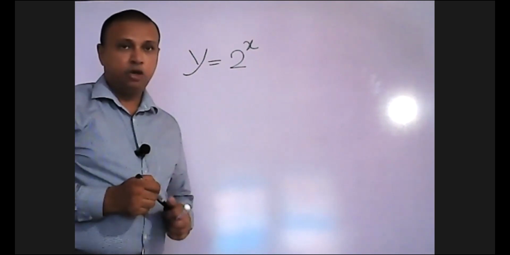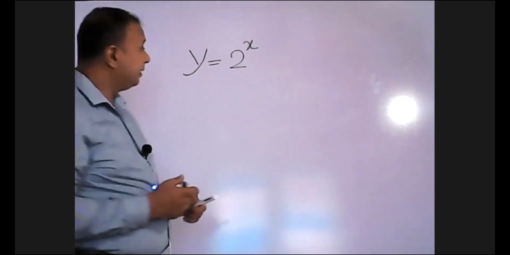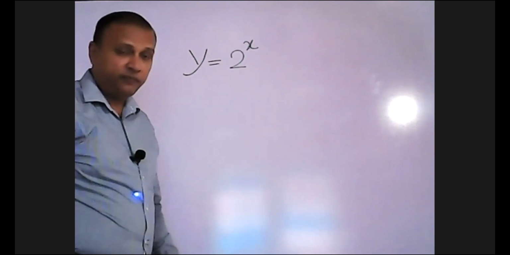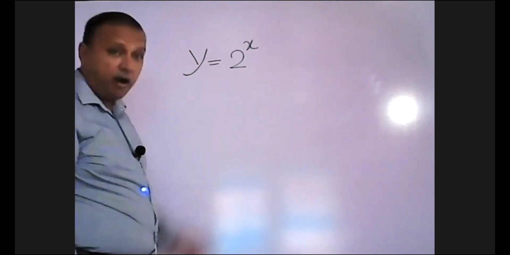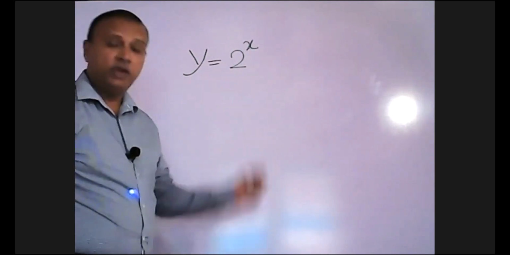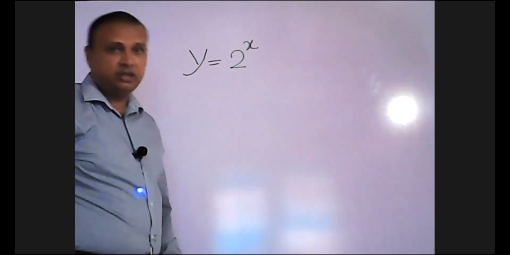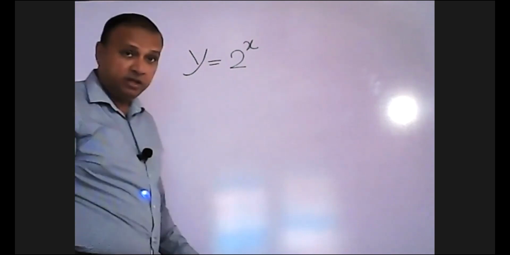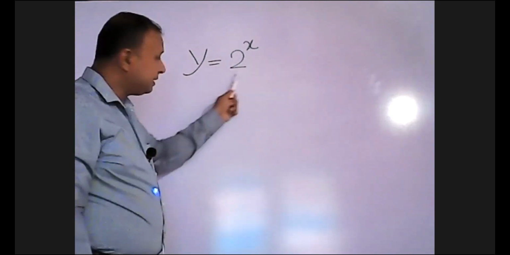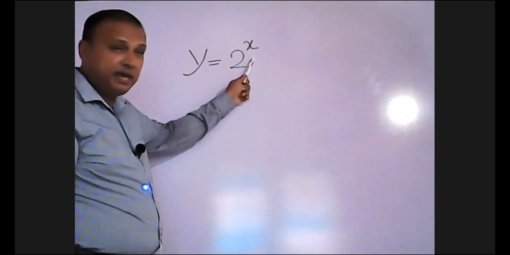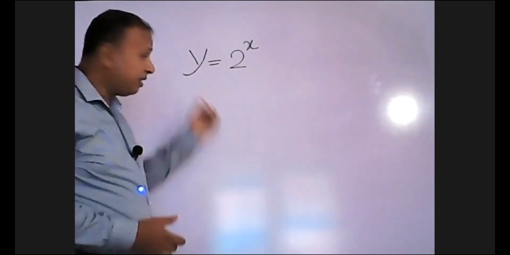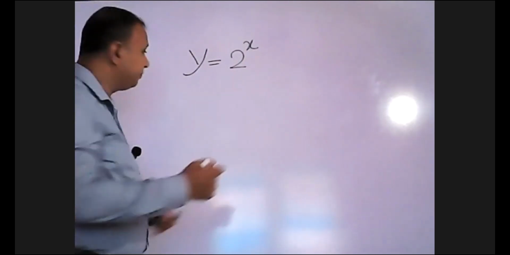If we have this kind of power expression, we can write this power as a logarithm function. In the logarithm function, this is the base, this is the function, and this is the power.